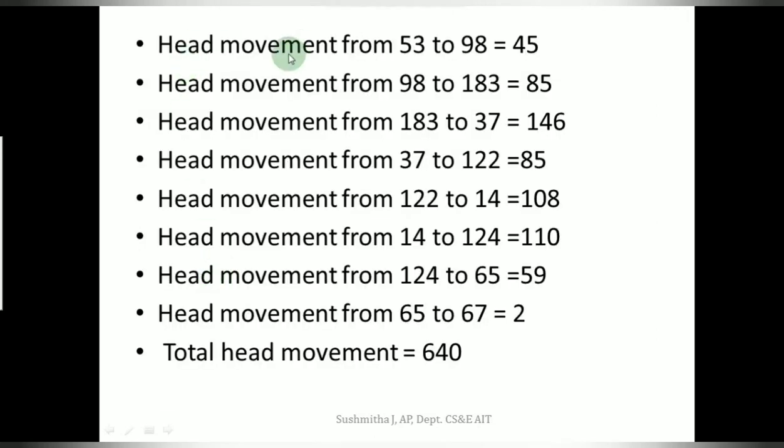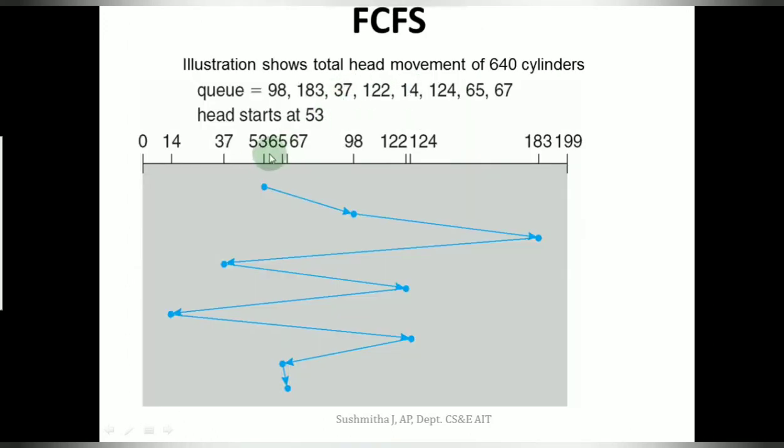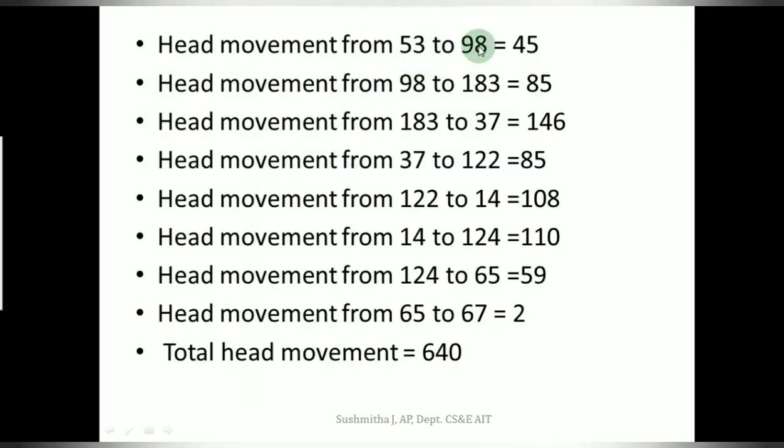If you calculate the total head movement, it is 640 head movements. We deduct 98 minus 53, then 183 minus 98, so from 53 to 98 the head movement is 45. Like that we calculate for each move, and the total head movement we get is 640, which is very high.